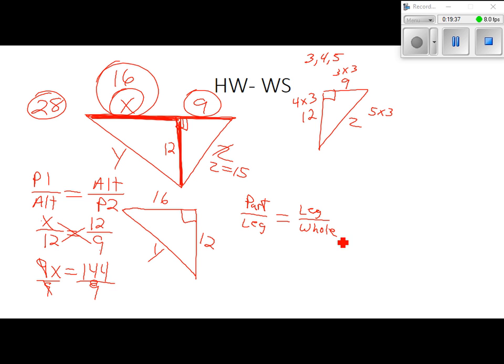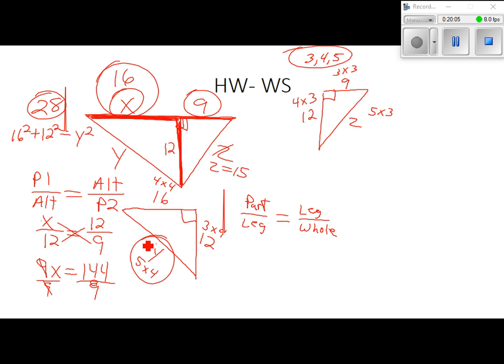You're doing Pythagorean theorem again. 16 squared plus 12 squared equals Y squared. That's one way to solve that. You see it fits the 3, 4, 5 family again. This is 3 times 4. This is 4 times 4. So that means the 5 over here has got to be times what? 4.